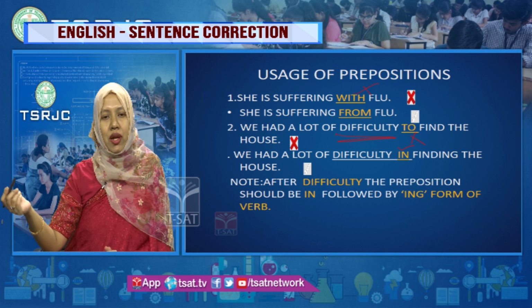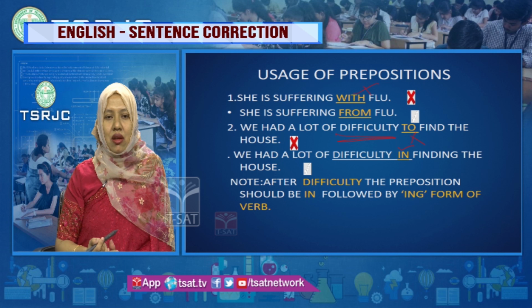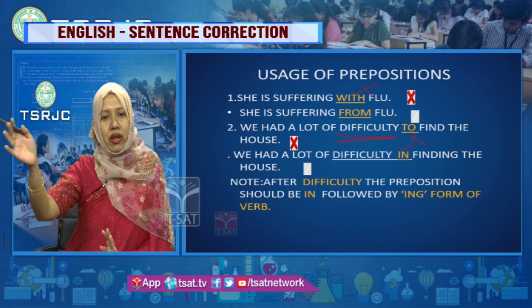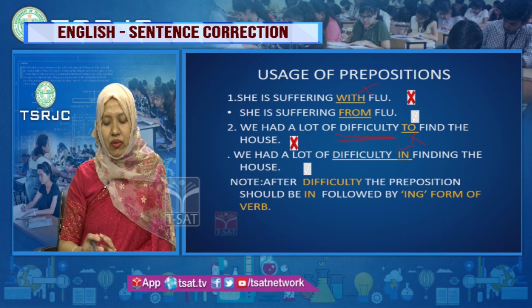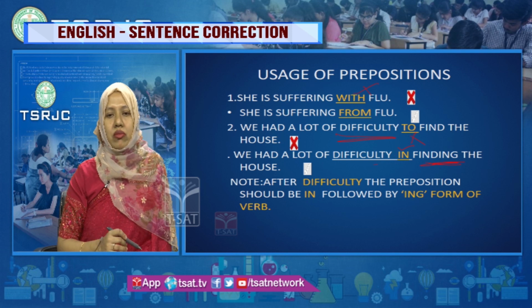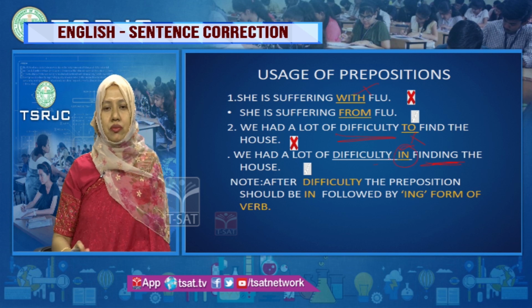You went to a new place, you are looking for a house, searching for some address, and with great difficulty you found it. But when you go there, you will say we had a lot of difficulty in finding the house, not to find the house. Okay? So whenever there is difficulty and the verb is in ing form, always use the preposition in.